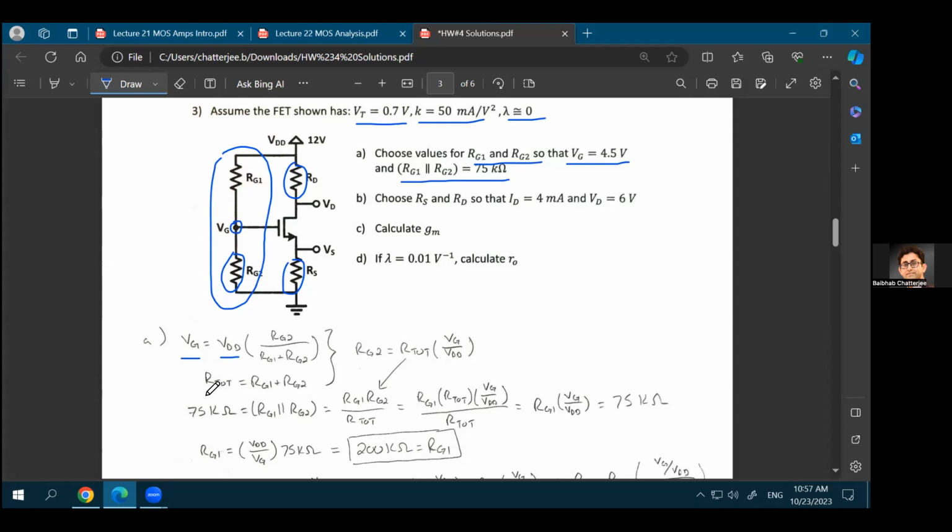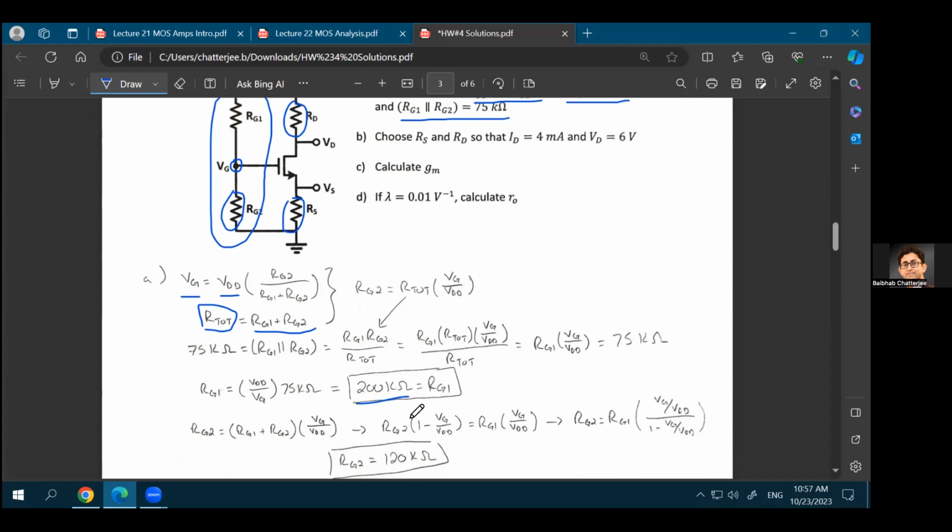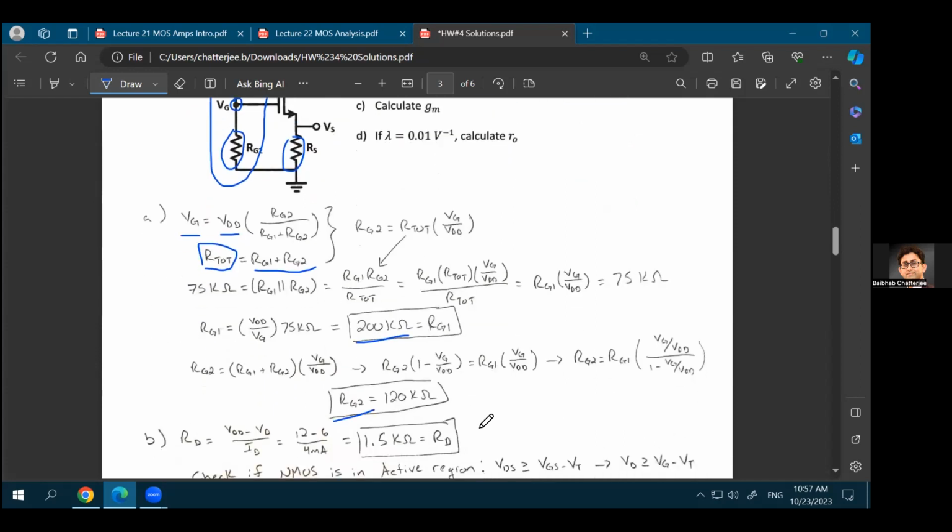And you also know that the total value of resistance is RG1 plus RG2. So that's a series of RG1 and RG2. And you also have the value of VG. You know the value of RG1 in parallel with RG2. From there, you can solve for RG1 and RG2, and you can get RG1 to be equal to 200 kilo ohms and RG2 to be equal to 120 kilo ohms.